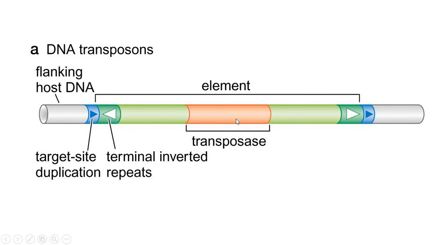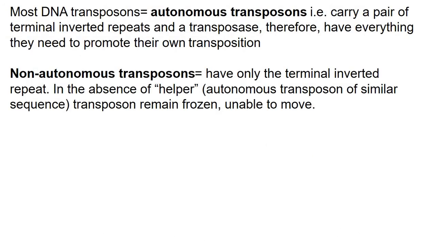They will have inverted repeats, but no sequence that codes for transposase. In that case, it's called a non-autonomous transposon. These non-autonomous transposons are those molecular fossils that the video was talking about. So these cannot move from one place to another because they don't have all the elements that are needed for their movement, for their transposition.